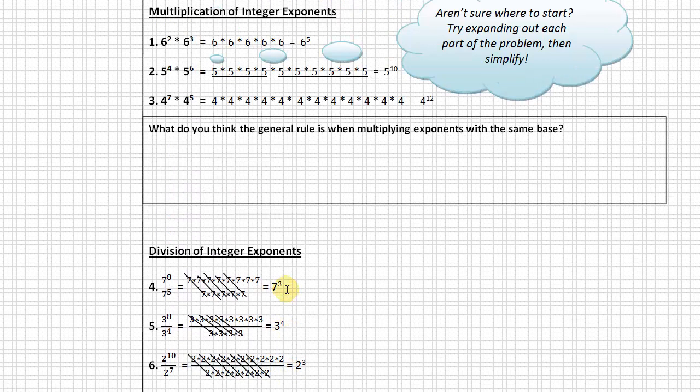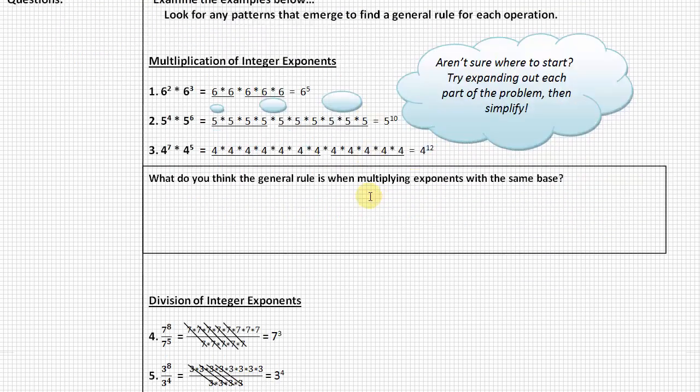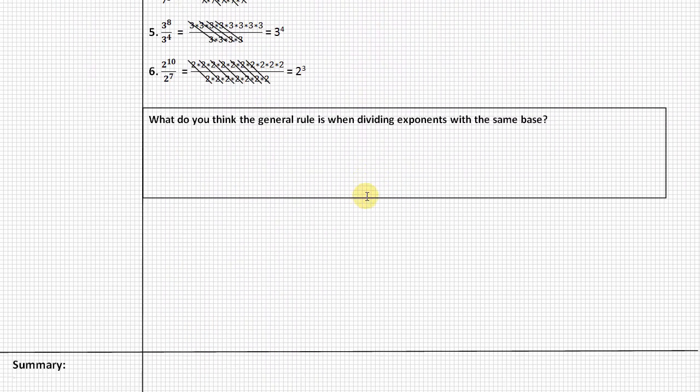So take a moment to make sure that your notes are fully complete, that your header is written down, and that you have all of the notes copied into your math journal, and you've included a summary at the end of your notes. And then we're going to discuss this as a class and see if we can come up with the rule to use for problems like this so we don't have to expand every single one.